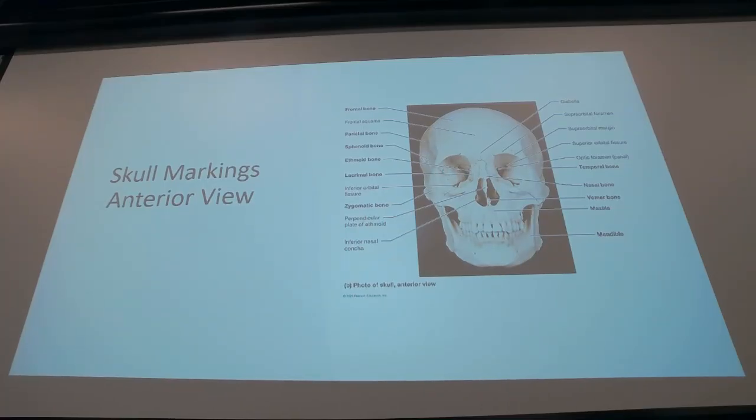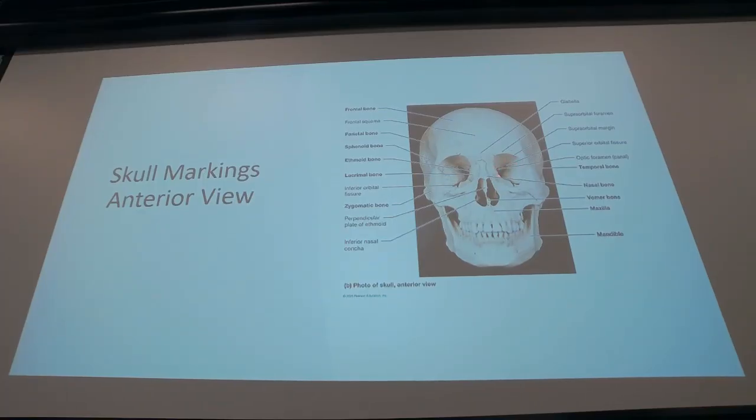Cranial nerve number 2, the optic nerve, passes in the optic canal of the sphenoid bone. So that's our optic canal.